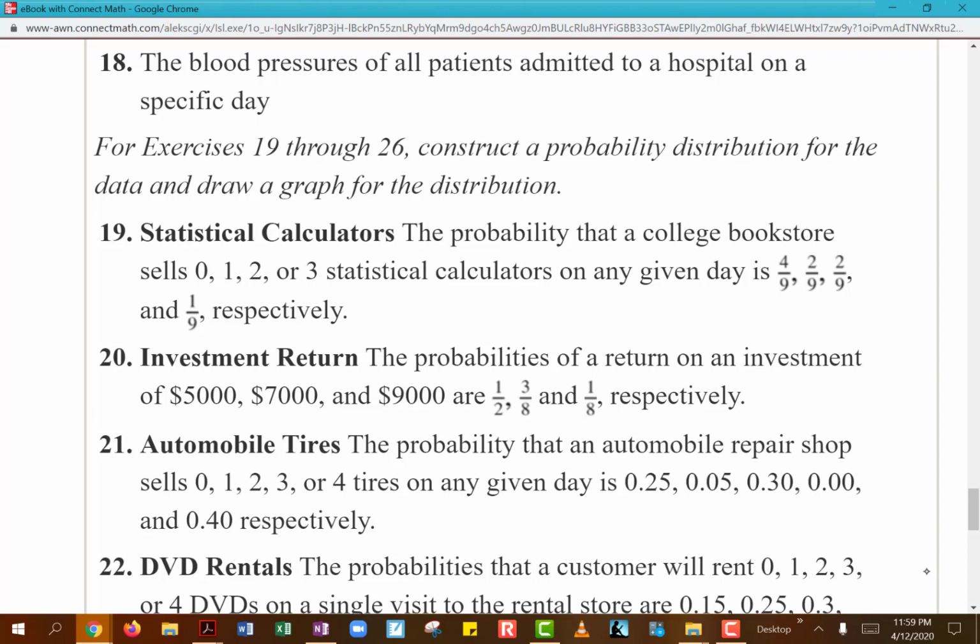So for number 20, they're saying the probabilities of a return on an investment of $5,000, $7,000, and $9,000 are 1/2, 3/8, and 1/8 respectively. So let's see what a probability distribution for this would look like.